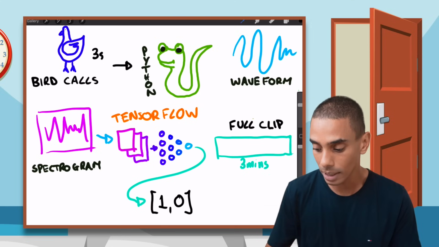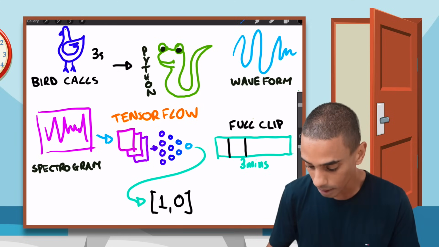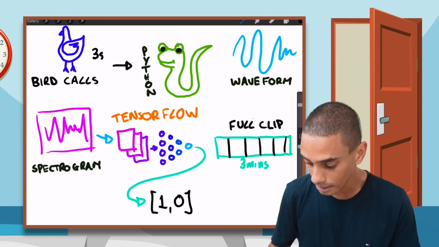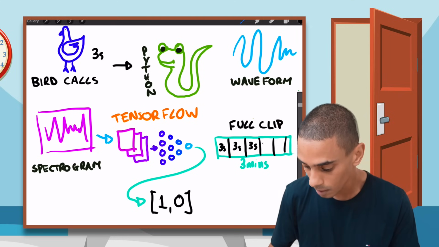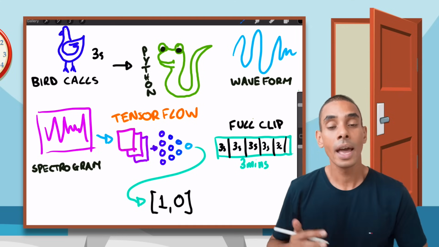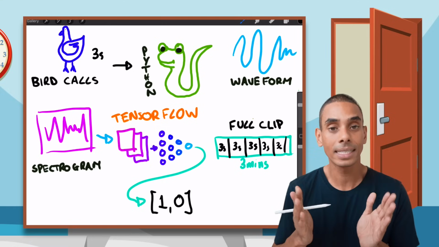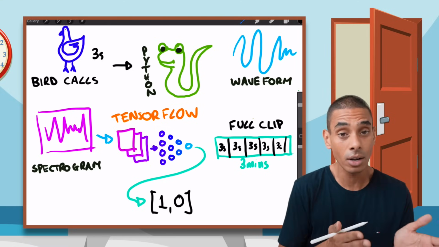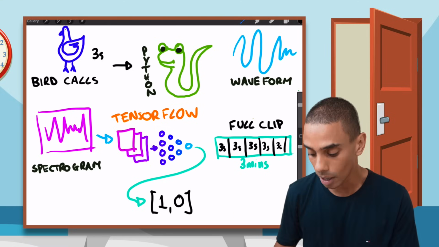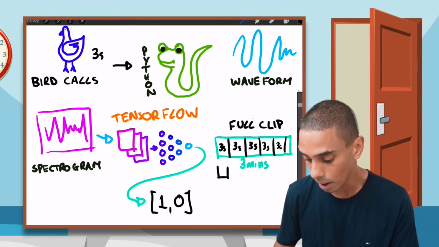We're going to call these segments windows. We're going to slice them into 3-second segments, and so on and so forth. Then we're going to take our TensorFlow neural network, which has been trained on 3-second bird clips, and slide it across each one of these windows.